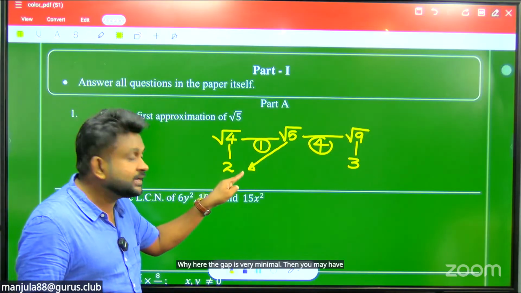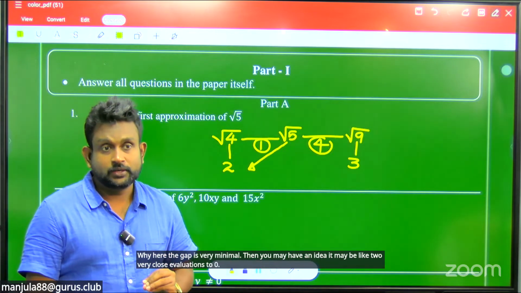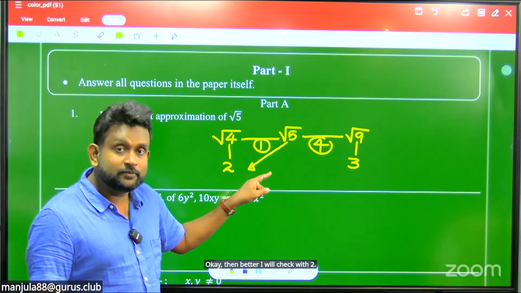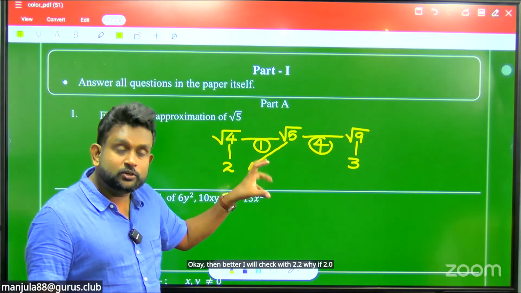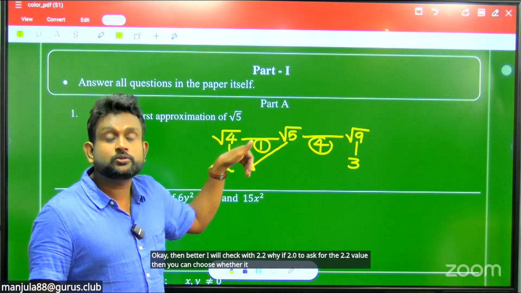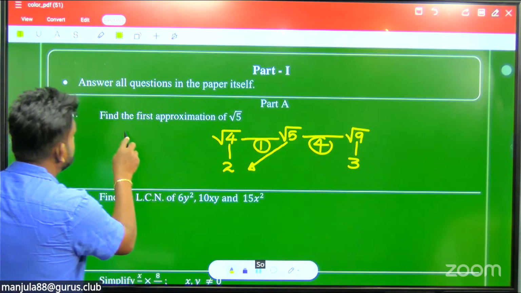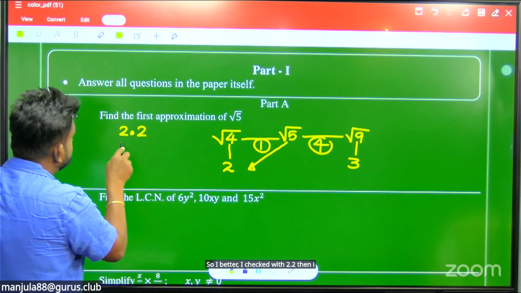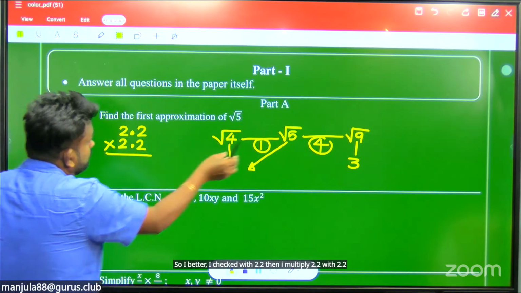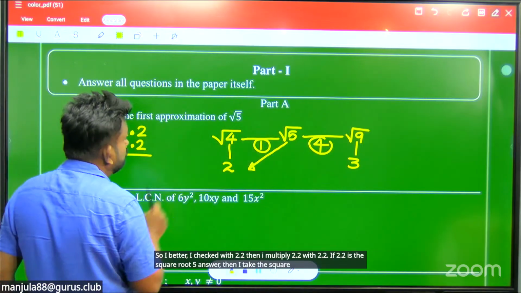Then you may have an idea. A very close value may be 2.1 or 2.2. Better I check with 2.2. Why? With the 2.2 value, you can choose whether it's lower than 2.2 or greater than 2.2. So I multiply 2.2 with 2.2. If 2.2 is the square root of 5, then its square should be close to 5.